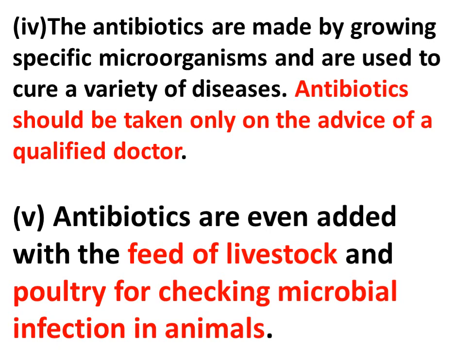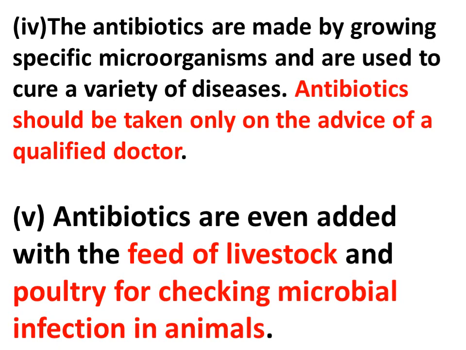Next point is, antibiotics are even added with the feed of livestock and poultry for checking microbial infection in animals. See, these animals are also suffering from many diseases. As we have talked about animal husbandry in chapter 1, crop production and management, this animal husbandry has the livestock and all the poultry farming and the dairy, thus the milking animals come inside animal husbandry.